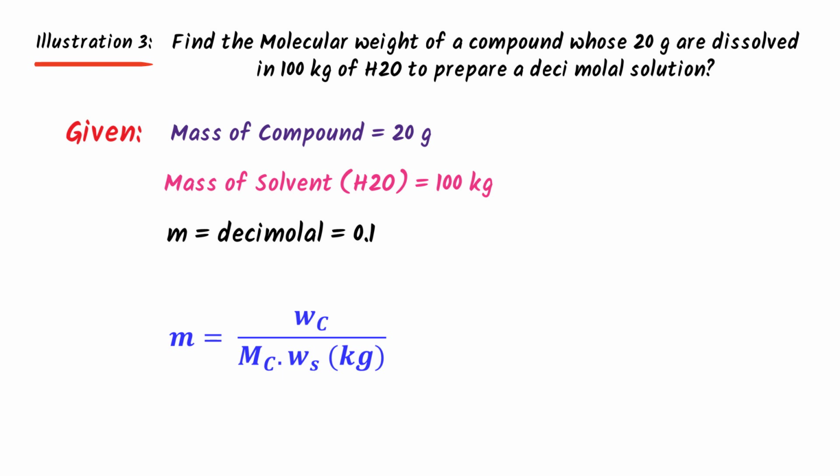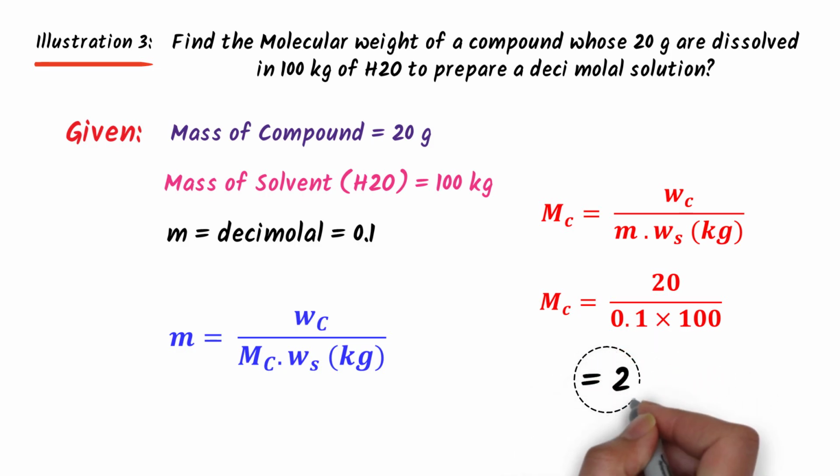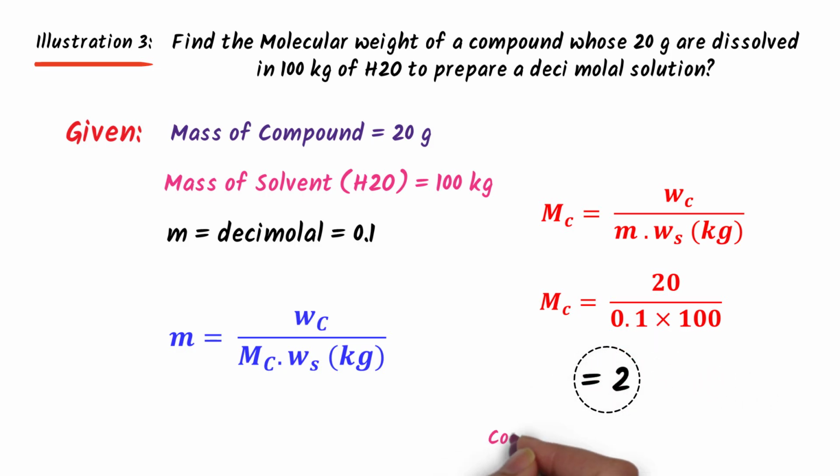While rearranging the expression, we can find the molecular weight of compound equal to WC divided by molality into WS. While putting the values, we can get 20 by 0.1 into 100, and that boils down to 2. So the molecular weight or molecular mass of that compound is 2, which says the compound is expected to be hydrogen gas. I hope you understand this.